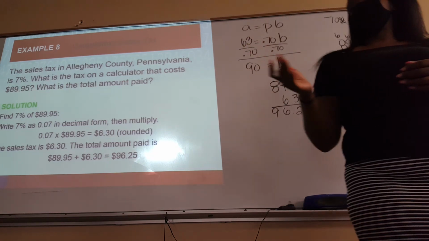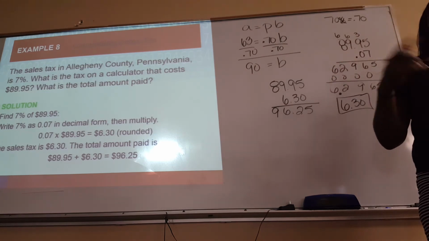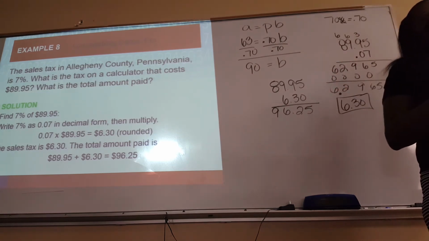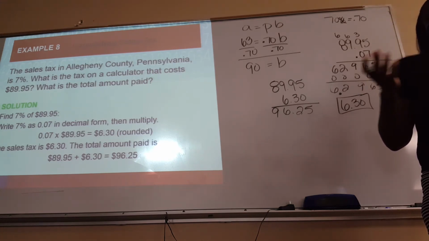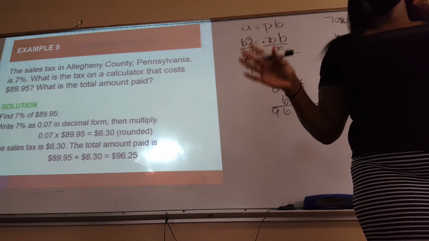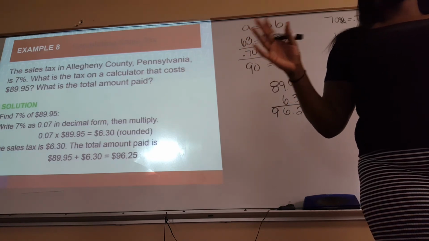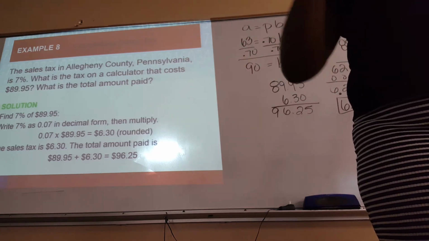So 10 cents times 50 should give you $5 off? Well, I'm not going to say $5 off. I said it the wrong way. We're talking about tax, not a reduction.